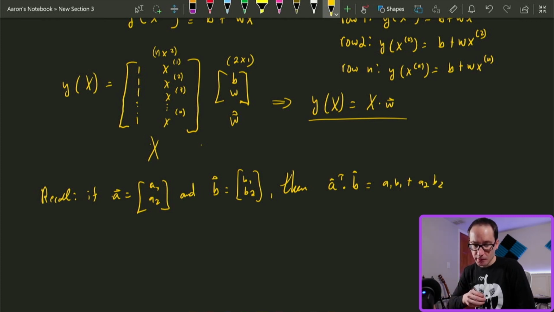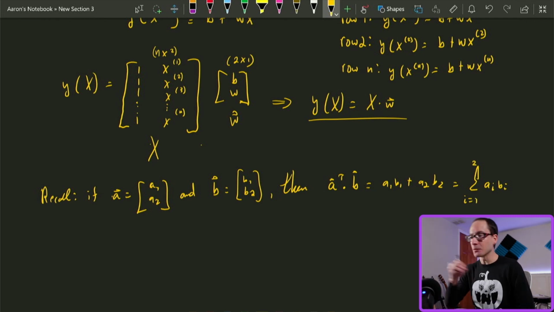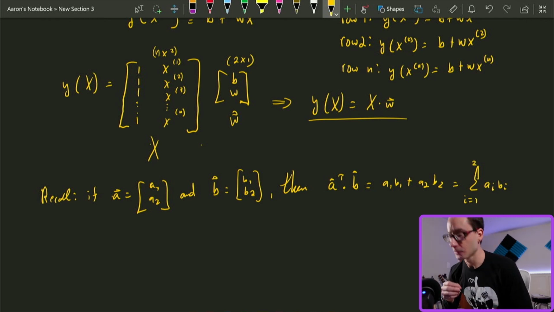That is a scalar. And so we can also write this summation here on the right-hand side, this dot product, right? This is the sum of Ai times Bi, as i goes from 1 to 2 in this case. So that's pretty nice.